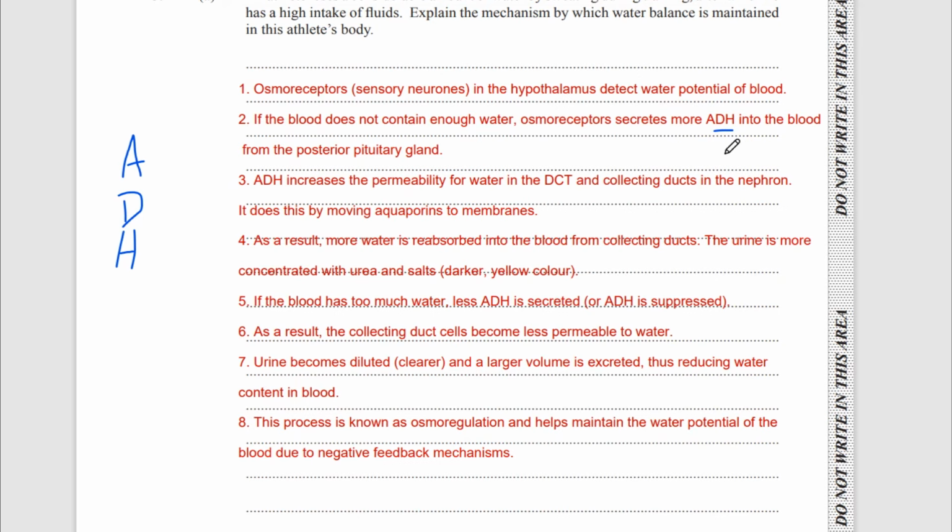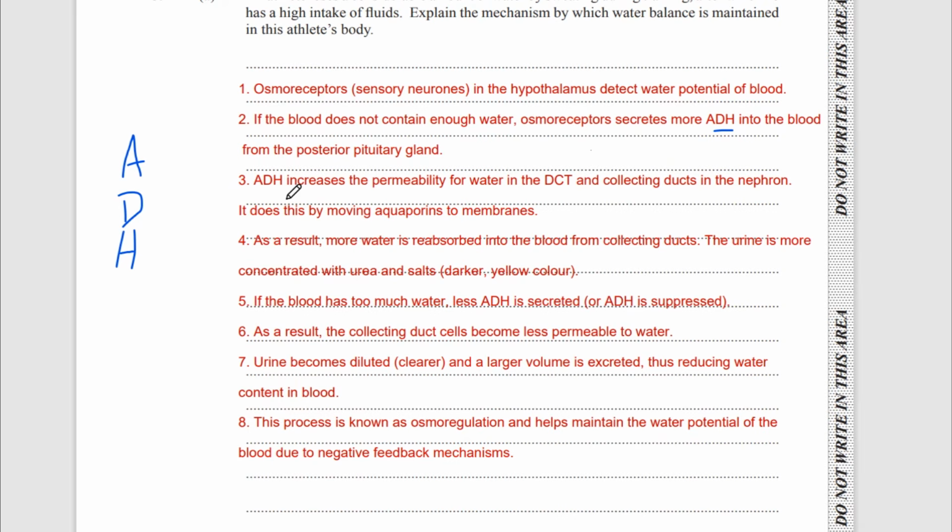So what ADH does is that it takes water from the kidneys and puts it back into the bloodstream. This is in case you don't have enough, you're sweating plenty, it's a hot day. So what ADH does is that it increases the permeability for water in the distal convoluted tubules in the nephron and collecting ducts.